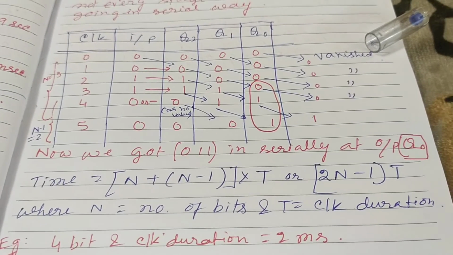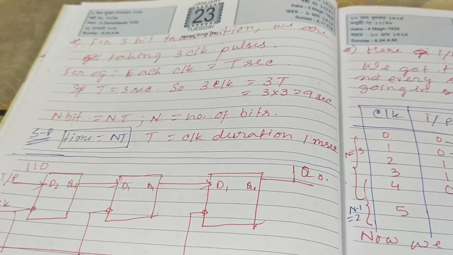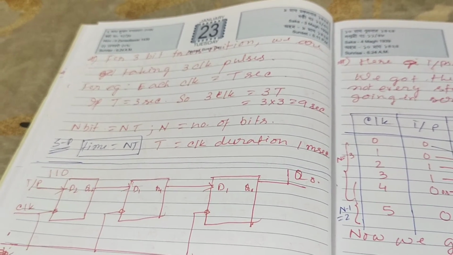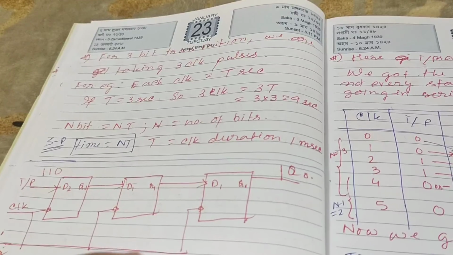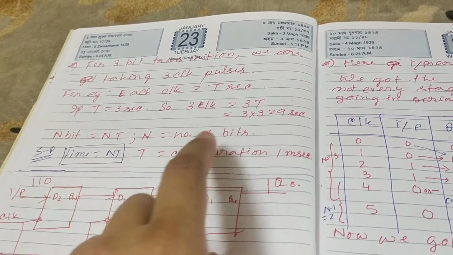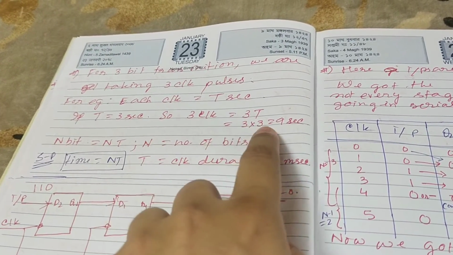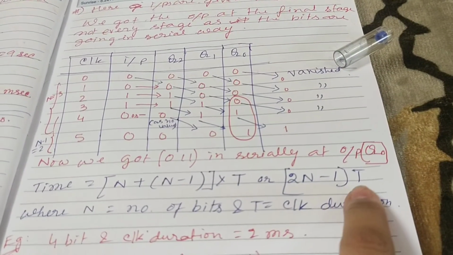In the previous case it was SIPO, where 3 bit data is transferred through the shift register from input to output. In that case the time duration is n into t, that is 3 into 3, 9 seconds. But here we have to calculate 2n minus 1 into t.